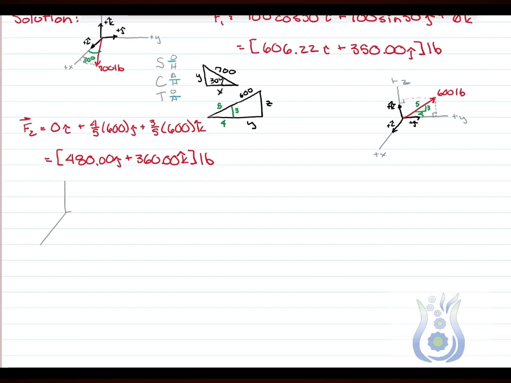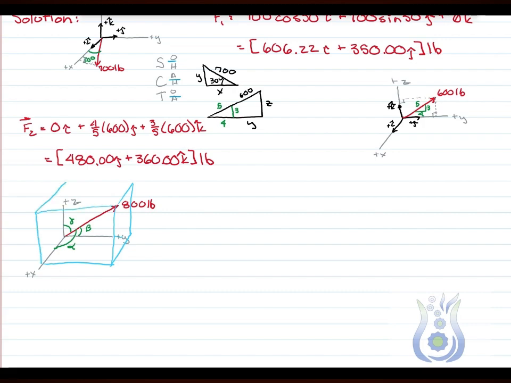Now we'll look at vector F3. Here we don't know alpha, beta, and gamma, but vector F3 is in three-dimensional space, which means it has all three components, i, j, and k. Therefore, when we write our F3, we'll be using the equation that F is equal to F in the x direction times cosine alpha i caret plus F in the y direction times cosine beta j caret plus F in the z direction times cosine gamma k caret.